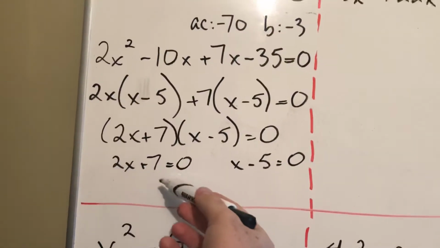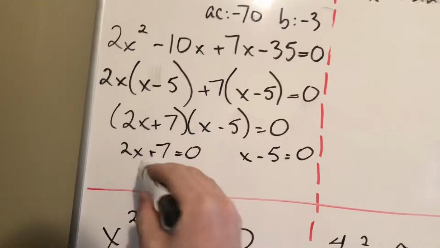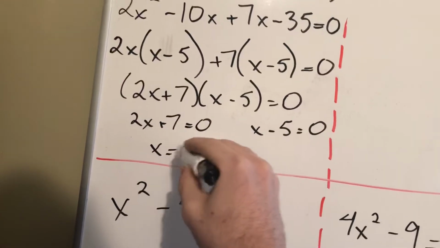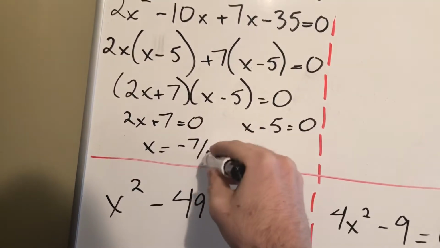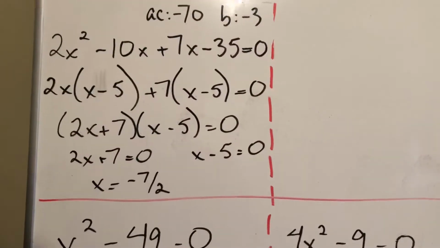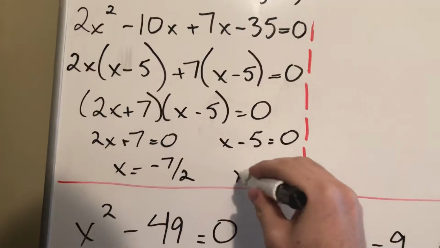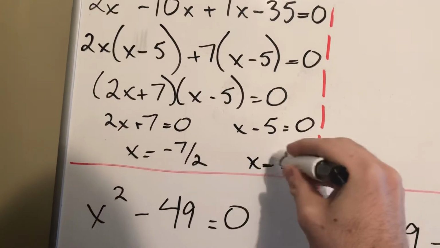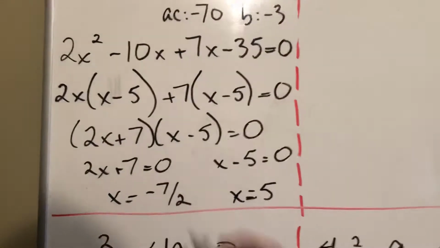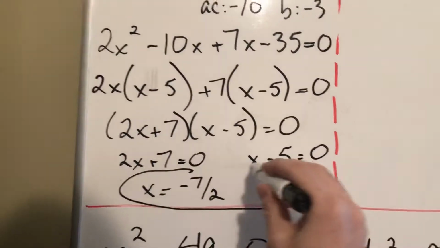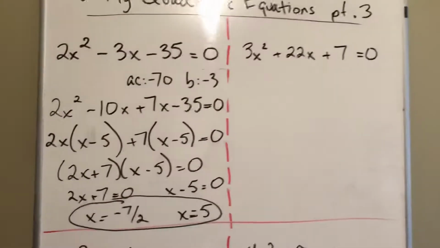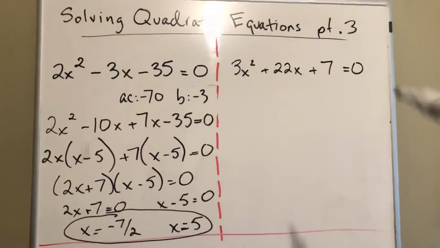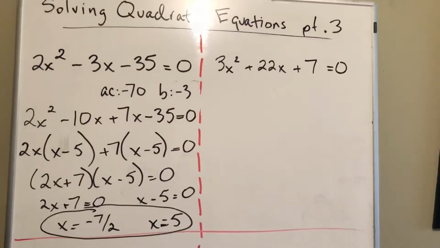Solving over here, we would subtract 7 from both sides and divide by 2. One answer is going to be negative 7 halves. Add 5. The second answer is positive 5, so two solutions. Okay. Hit pause, try this one on your own.